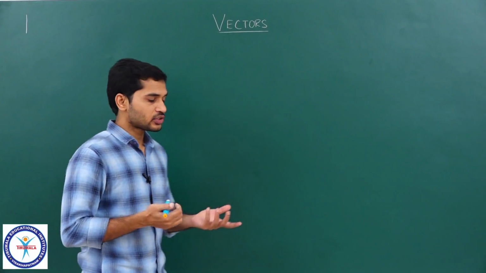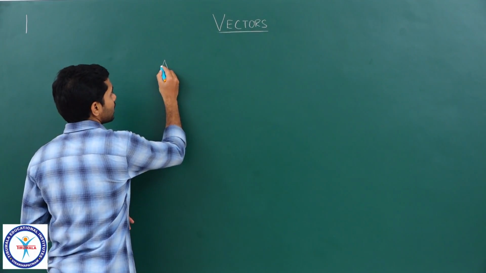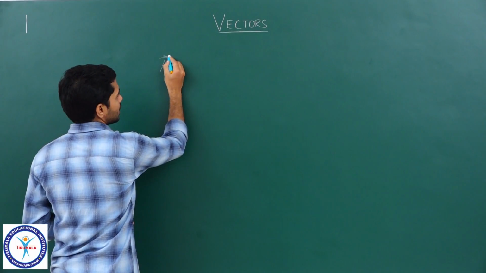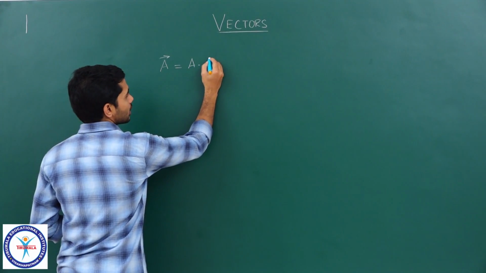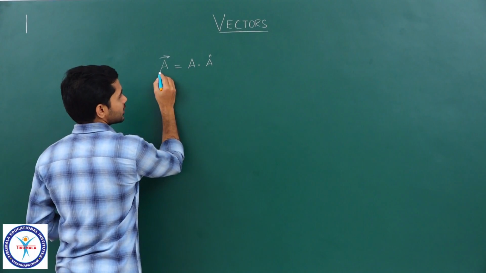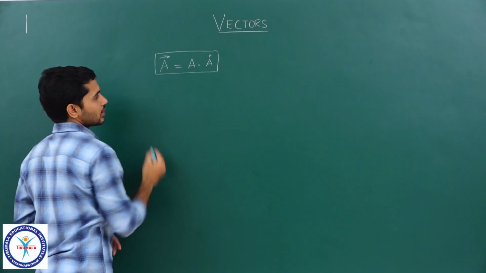So using that idea which we have just discussed, we can represent a vector in its general form like this: A bar is equal to A into A cap. So this is how we generally represent a vector.